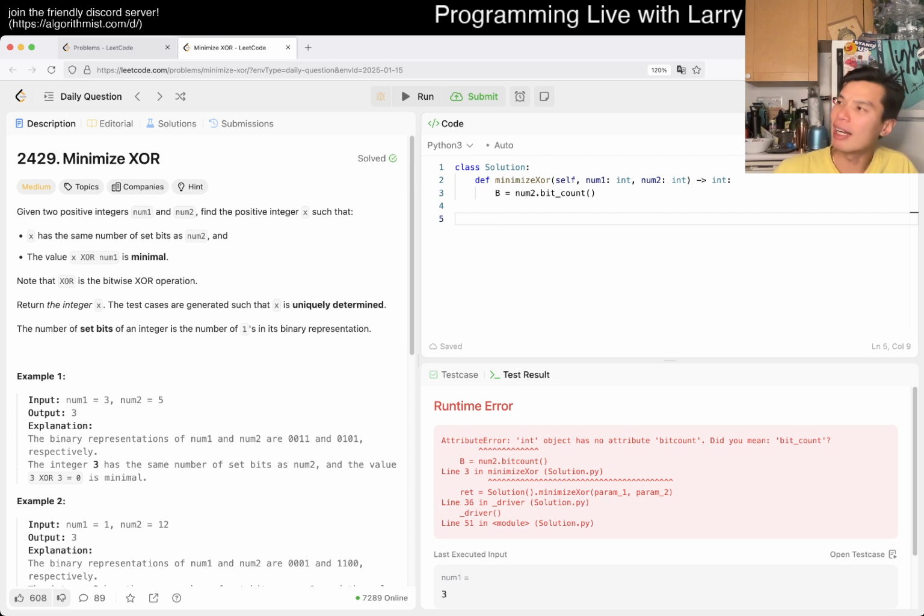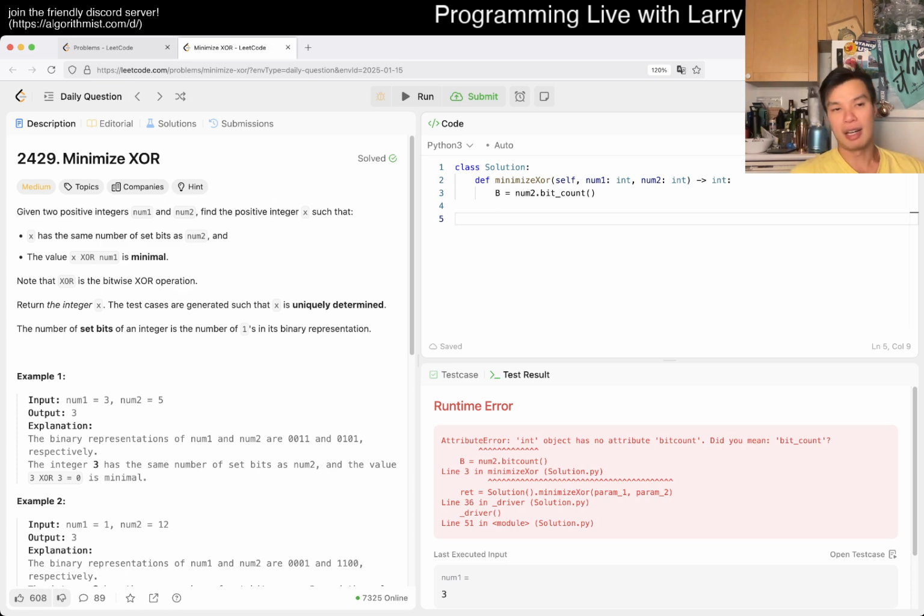In any case, I have a couple of ideas, and as they are greedy, it is a little bit tricky. We have a set number of bits, and obviously if you try brute force, it's probably not going to be very fast.